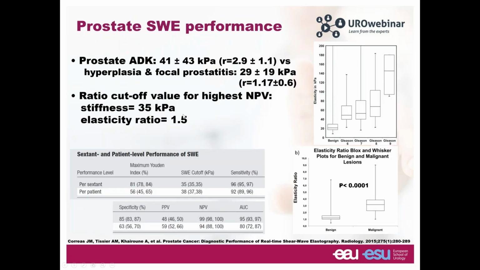With 35 kilopascal as a cutoff value, to maximize the Youden index, and an elasticity ratio between the nodule and the surrounding prostate of 1.5, we could obtain very, very high sensitivity, as you can see, per patient 92%, and a negative predictive value of 94%, while the specificity remained pretty high. And you see again the very strong difference between benign and malignant nodules in terms of elastography.